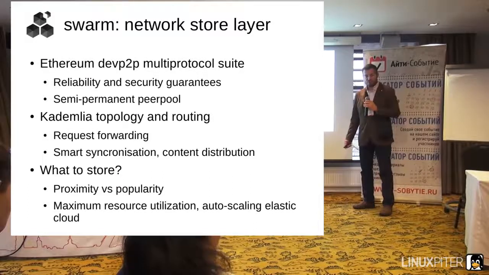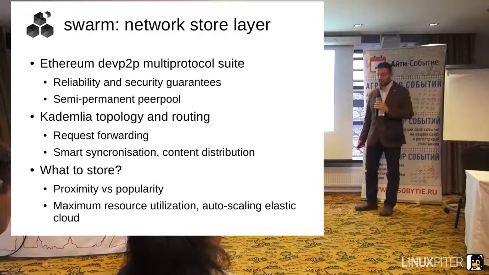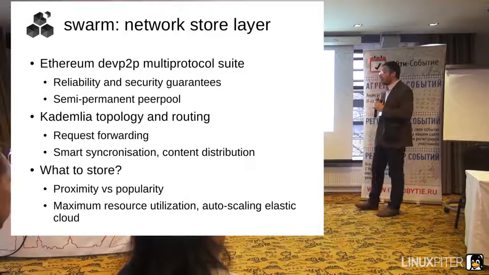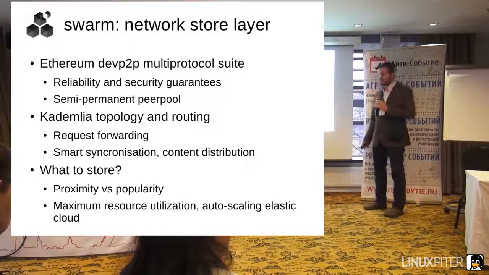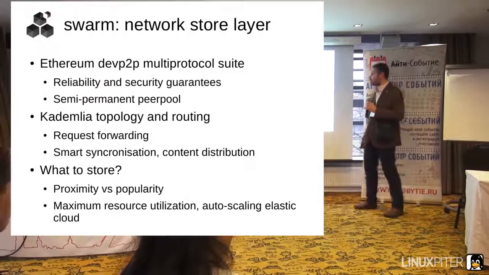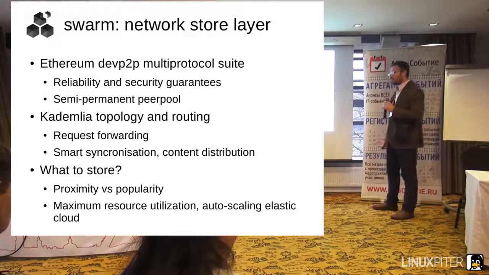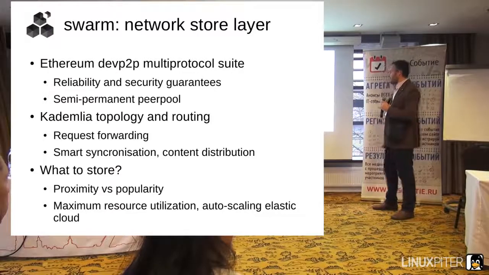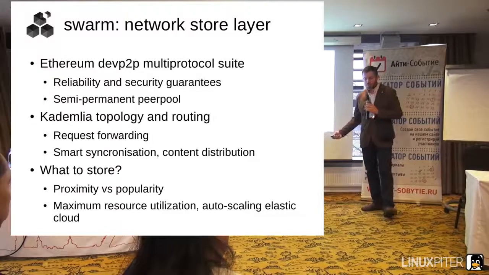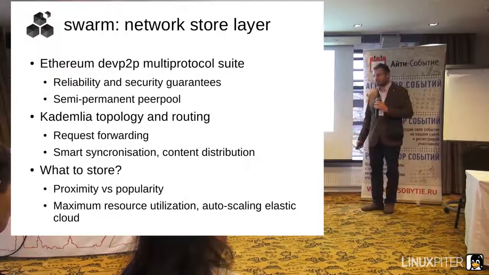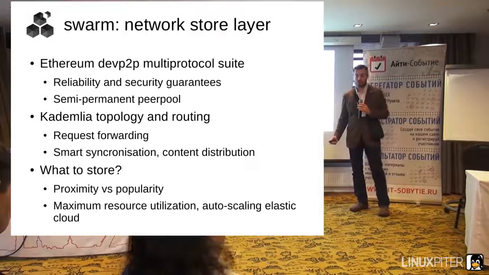But unlike BitTorrent, we're using semi-permanent connections and TCP rather than UDP. This again has to do with the way Ethereum's peer-to-peer network is organized, and it has some advantages which I would skip for now. Again, we can talk about them if you're interested. And the most important question becomes, when you're designing such a distributed system for this particular layer, which chunks to store.